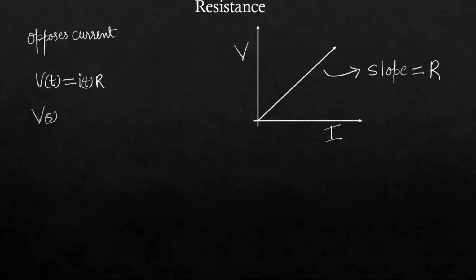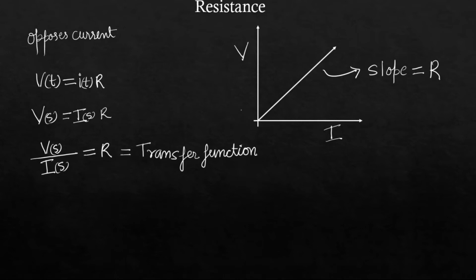Now if you take a Laplace transform on both the sides, it becomes V(s) = I(s) × R. That is, the ratio of Laplace transform is equal to R. Usually the ratio of Laplace transform is known as a transfer function. So the transfer function of a resistance is equal to the value of the resistance, that is R. Here I am assuming the input is the voltage and output is the current.